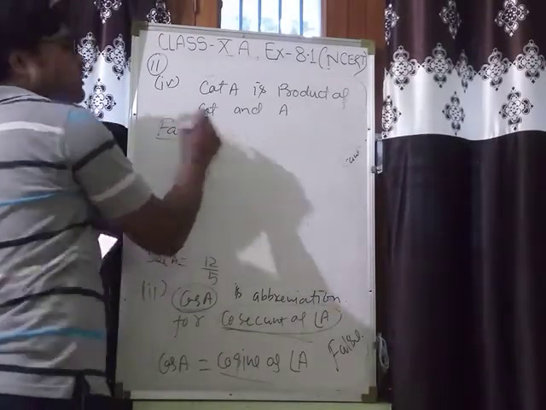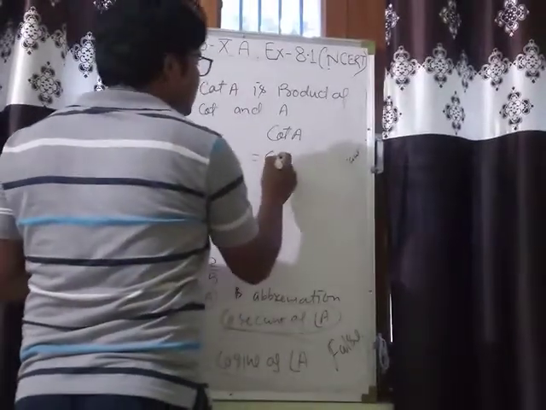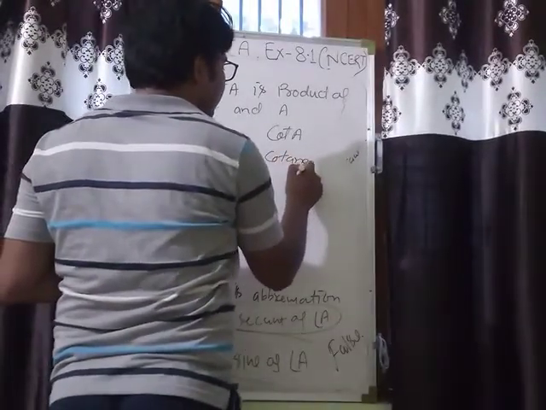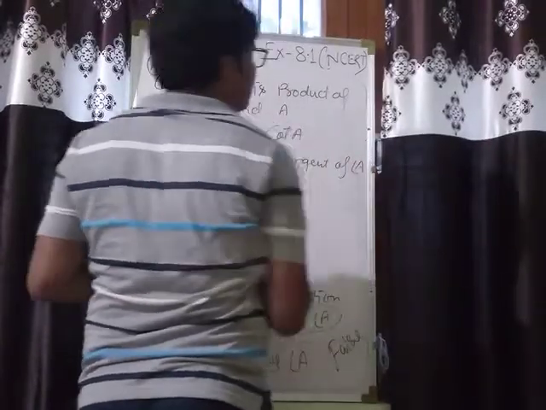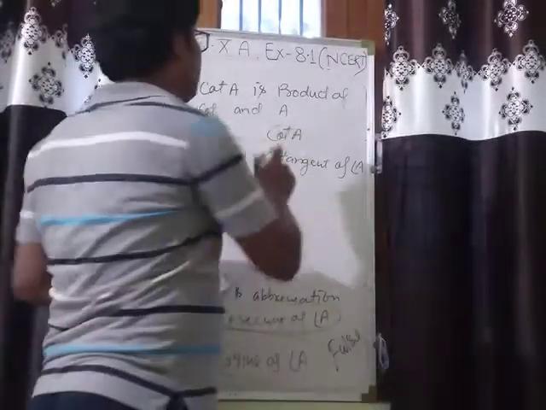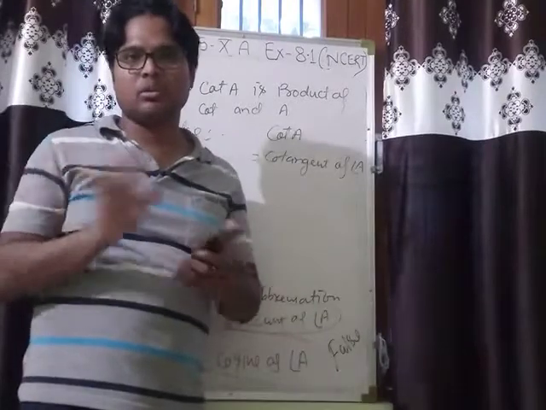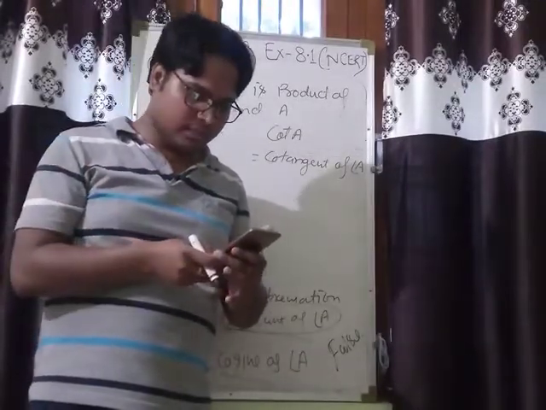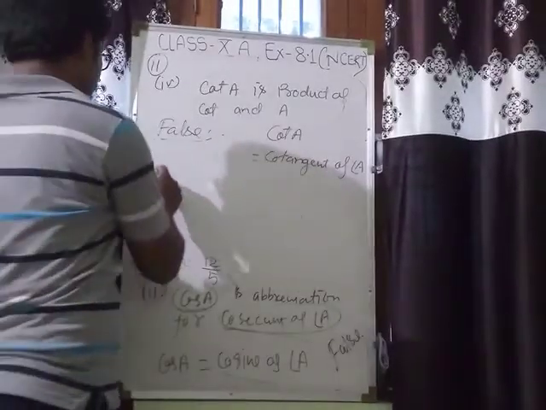I discussed this very well, I told you cot A is what? This is cotangent of angle A. Cot A is not the product of cot and A. If you separate cot and A, it has no meaning. Okay, so that is not the product of cot and A, so that is a false statement.